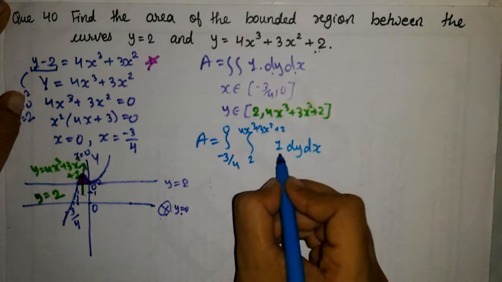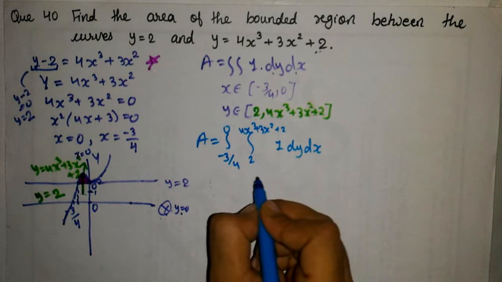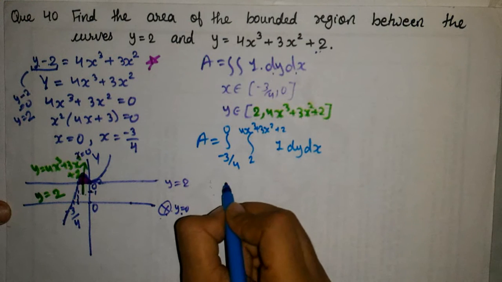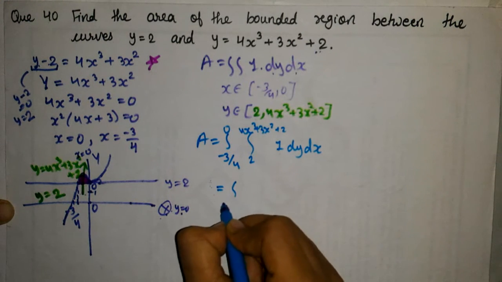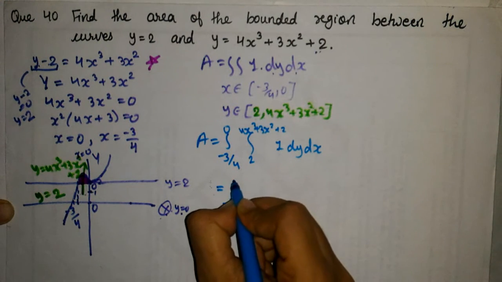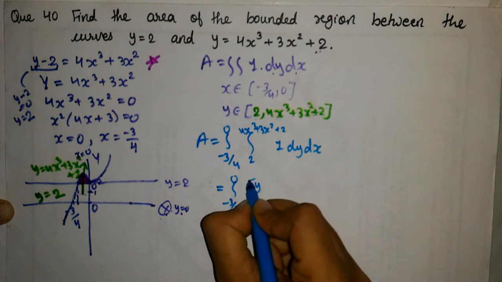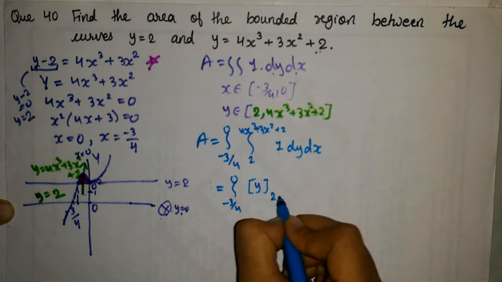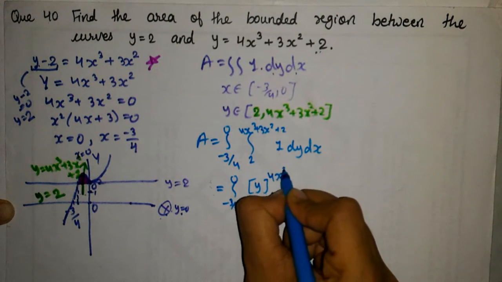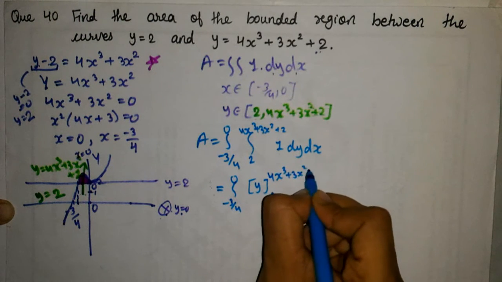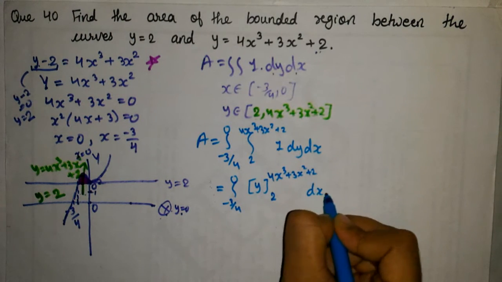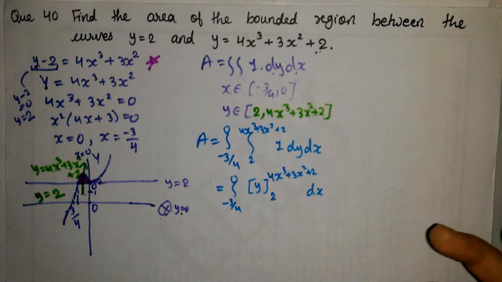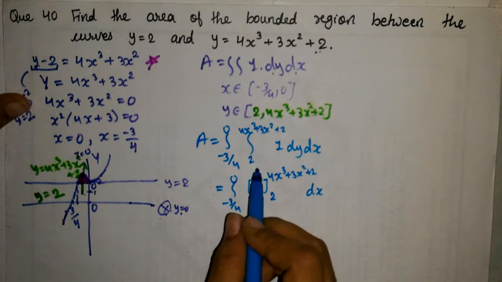Now integrate 1 with respect to dy. So integrating 1 with respect to dy, we get the integration from minus 3 by 4 to 0. Integration of 1 is y, its limits are from 2 to 4x cube plus 3x square plus 2, into dx. If you find that by solving many problems it is now easy for you to write this step directly, then you can write it directly.